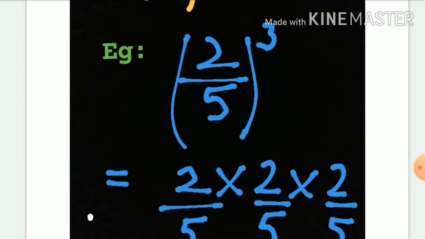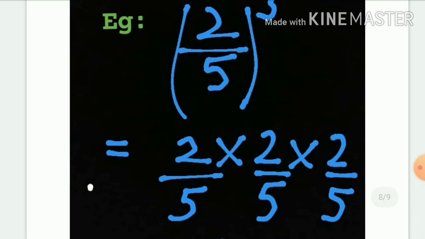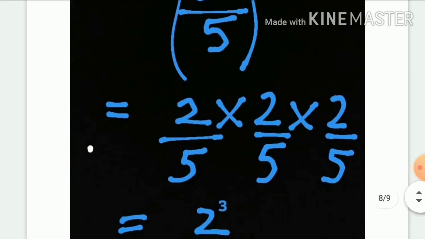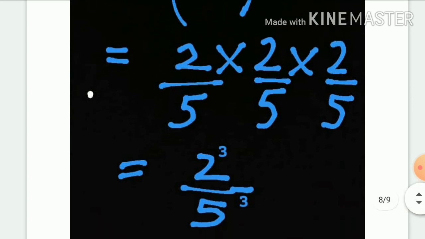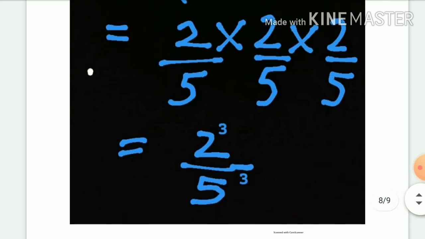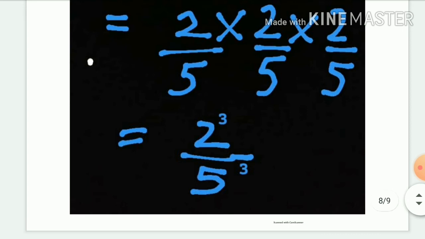Why? Because the index is 3. So 2 divided by 5 multiplied by 2 divided by 5 multiplied by 2 divided by 5. How many times is 2 coming? 3 times, so I am writing 2 raised to 3. 5 came 3 times, so 5 raised to 3. So 2 raised to 3, 5 raised to 3.